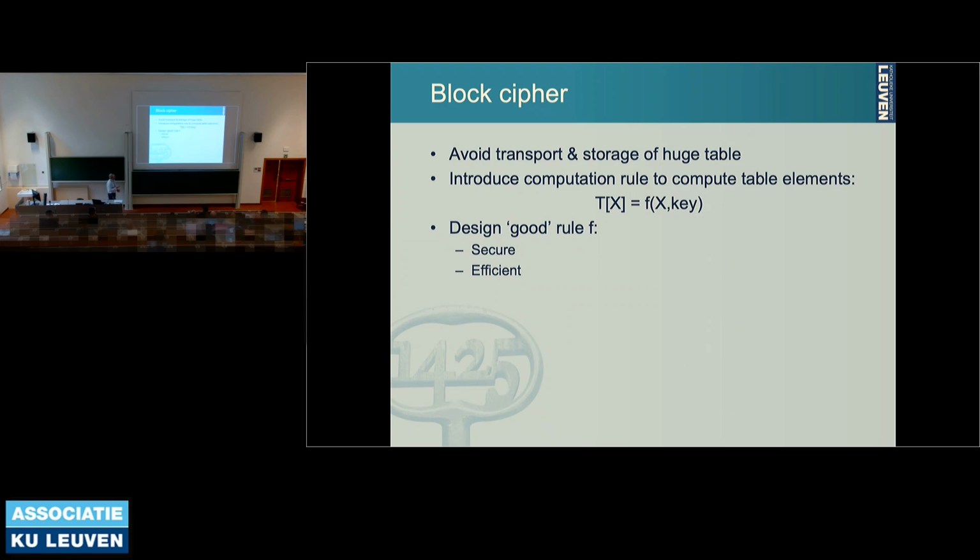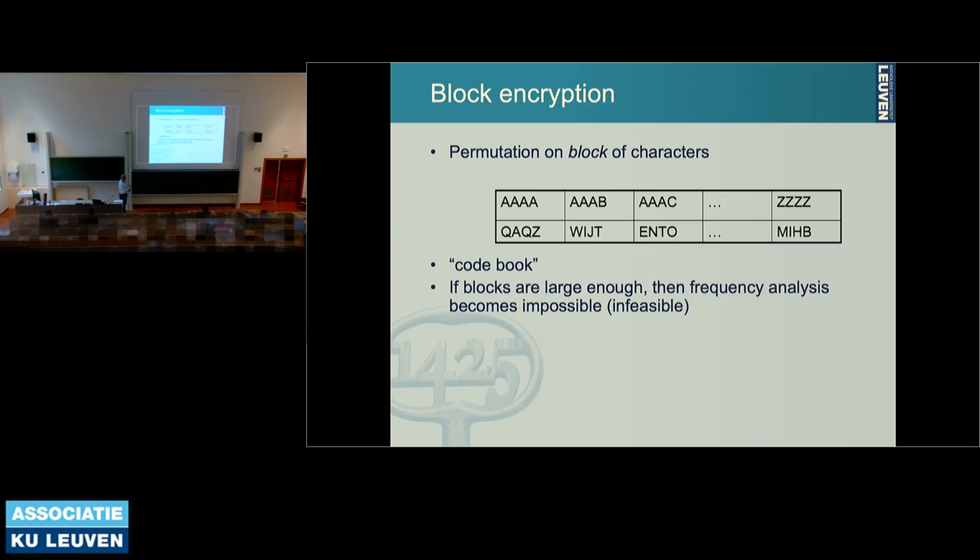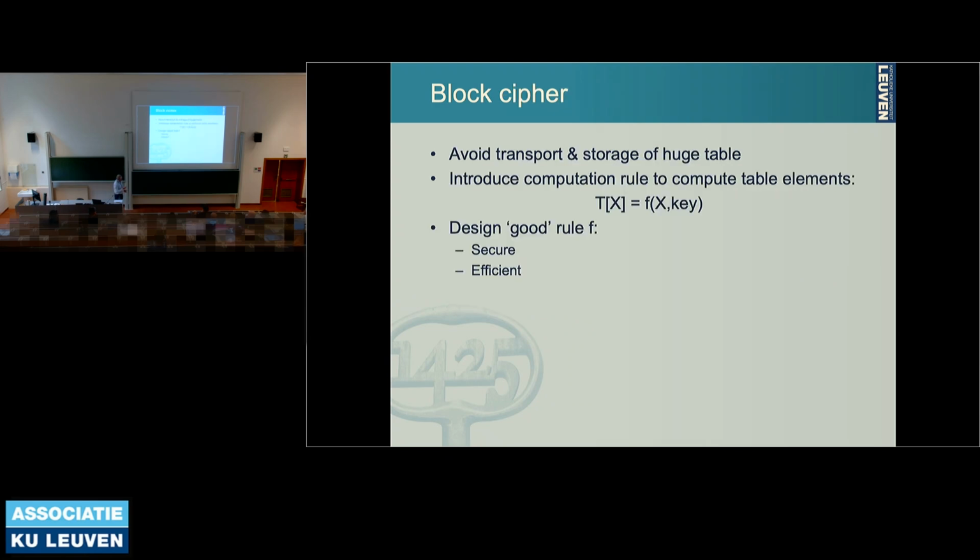This second row, we will not explicitly store it, but we will compute it on the fly when we need it by means of a function that we still need to define. This function takes as input the block of characters and some secret key.